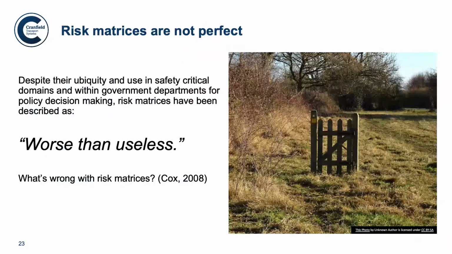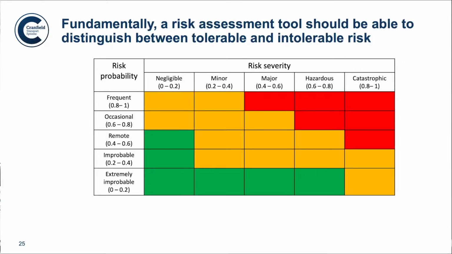But actually, as we'll see in a moment, there are some pitfalls to using them that we really need to be aware of. Sure, they do have their place, but in a safety critical industry such as aviation, Anthony Cox there is making the point that perhaps we should be doing something more rigorous than just solely relying on a risk matrix, similar to the one that you'll find in ICAO's Safety Management Manual and a whole host of other publications from different regulators.